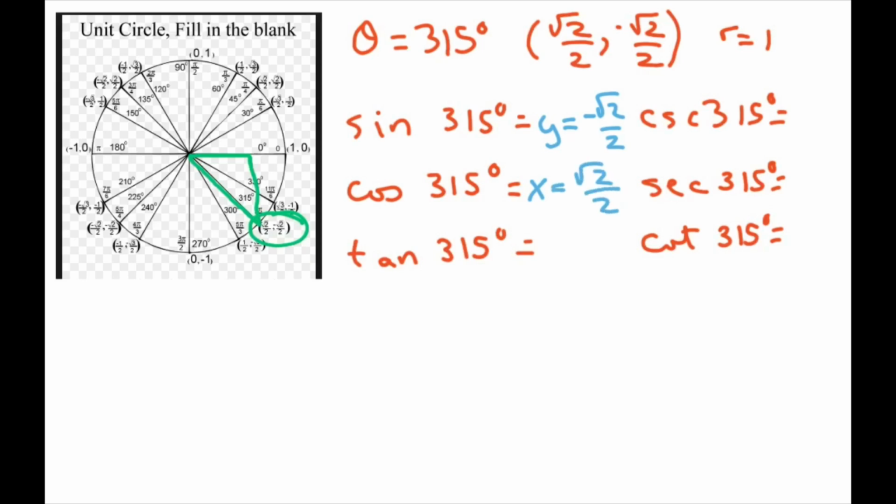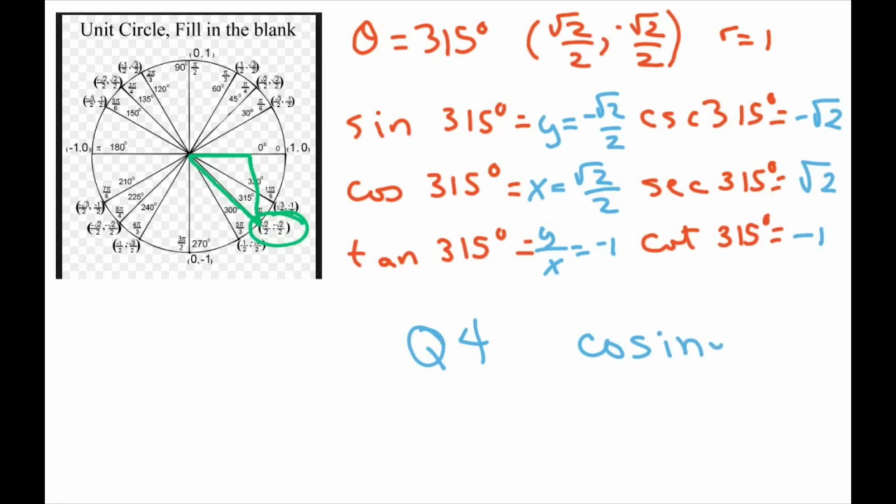When you divide those two, y over x, you get negative 1. So this one's going to be negative 1. This is going to be positive square root of 2. This is negative square root of 2. So the only things positive in quadrant 4 are cosine and secant.